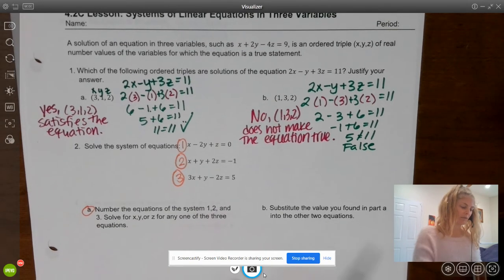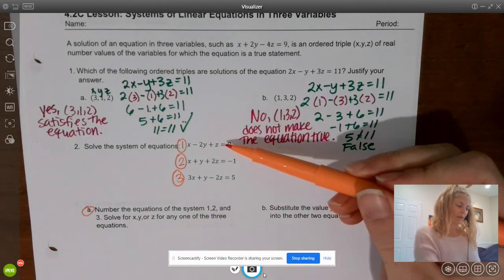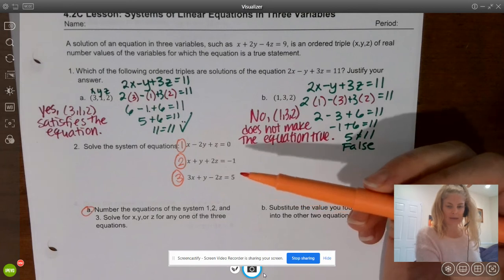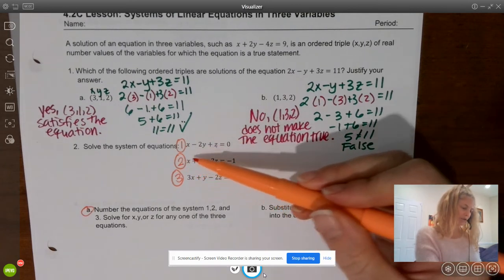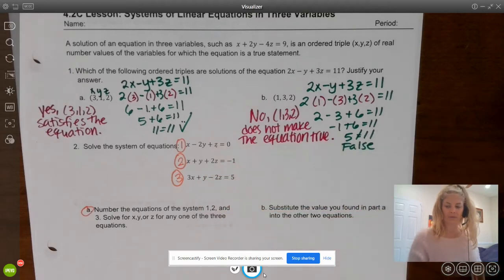It says solve for x, y, or z in any of the three equations. Looking at equation 1, x or z would be pretty efficient to isolate. In equation 2, x or y would be efficient to isolate. And in equation 3, y would be efficient to isolate.